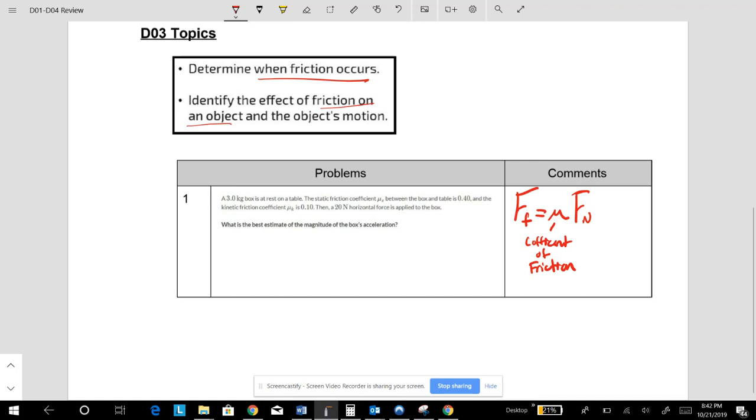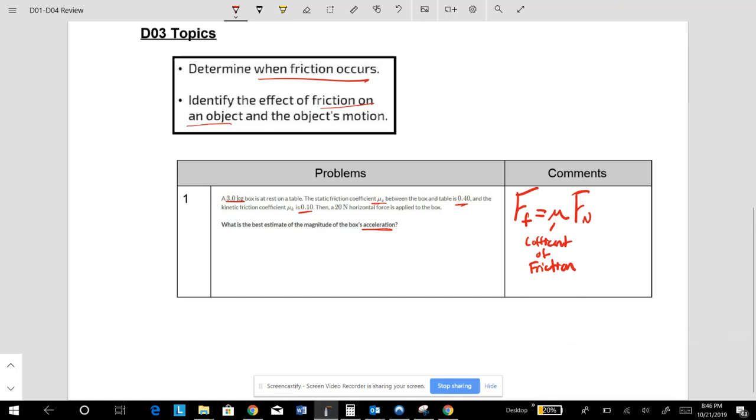What is the best estimate of the magnitude of the box's acceleration? A 3 kilogram box is at rest on a table with the static friction coefficient being 0.4 between the box and the table, and the kinetic friction coefficient is 0.10. Then a 20 Newton horizontal force is applied to the box.